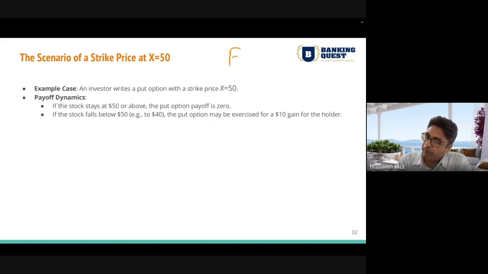Let's take an example. Strike price is 50 and today's spot price is 30. Can you calculate the intrinsic value of put option?